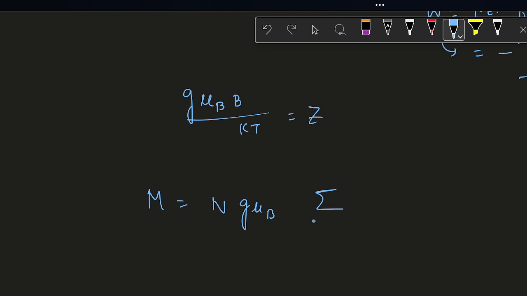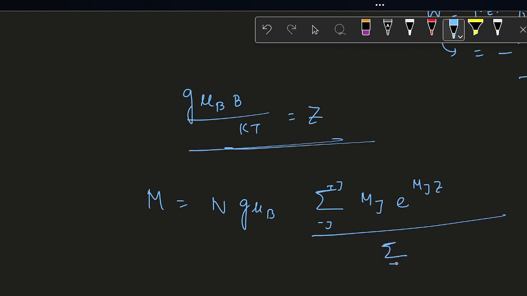They do not have any dependence on the summation from minus j to plus j. Only the dependent terms are inside the summation, that is mj, then e to the power mj times z, because we have identified this quantity as z, divided by the summation from minus j to plus j of e to the power mj z.